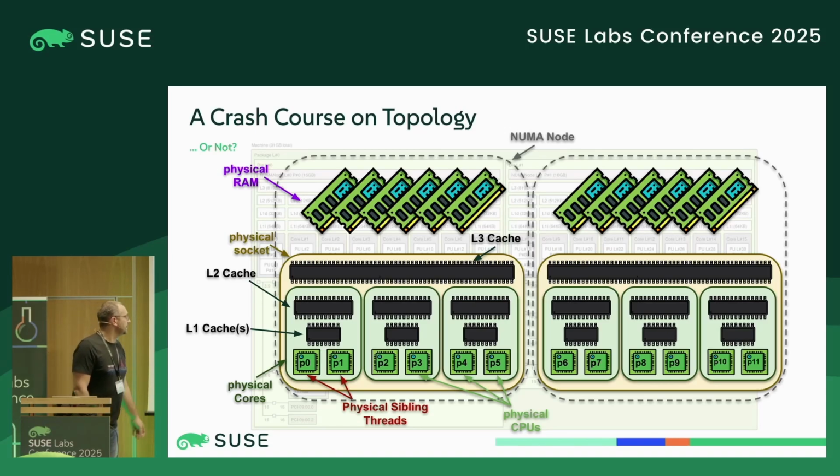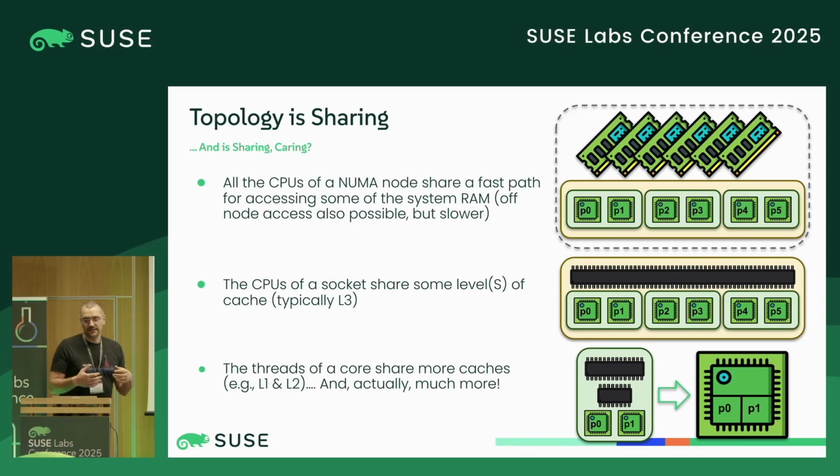So basically, this is the same representation of the topology, this time with these drawings, which I will continue to use in the rest of the presentation. But the point is that there's a lot of sharing in modern computing, both at the actual computing level with things like hyperthreading and in the memory hierarchy, with different levels of caches and also with NUMA, which is, in some sense, sharing.